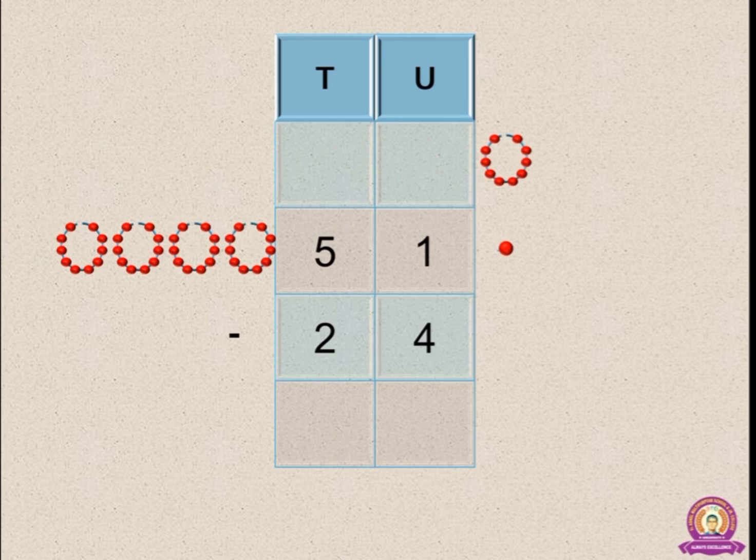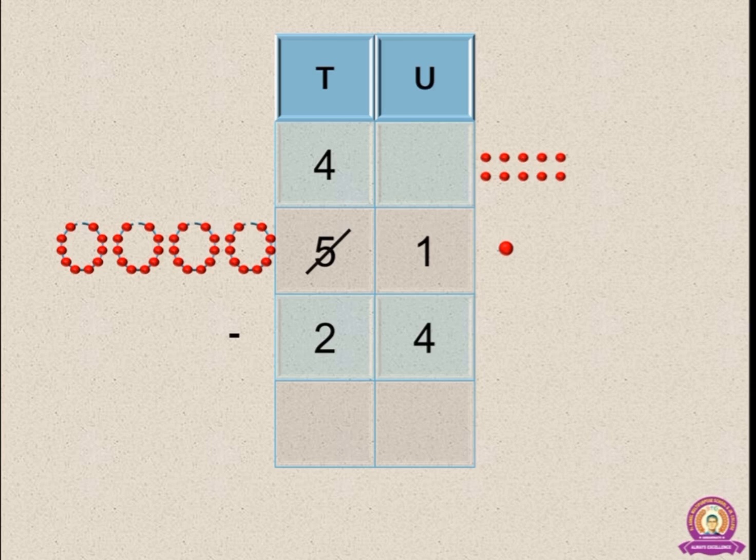Now, how many strings are left with us? Yes, 4 strings. So, we will strike out the number 5 and write 4. As we have learnt in our previous class, when we convert the tens to units, the string of beads changes to 10 loose beads.